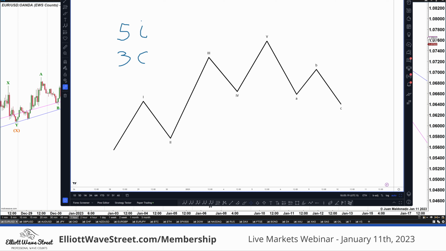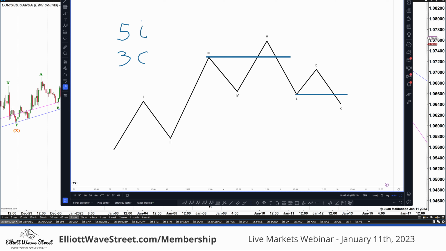The other important aspect is that at the top, we look for price to finish wave 5 and close longs if we are long, and maybe take shorts depending on the structure, and the same after the ABC.